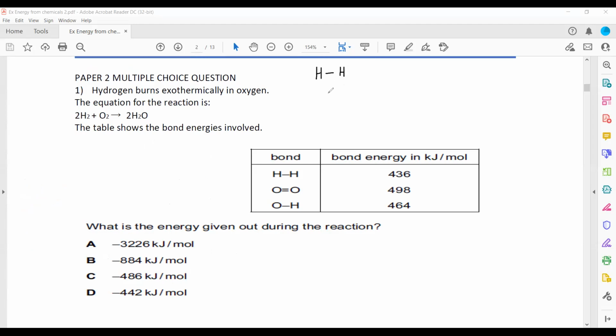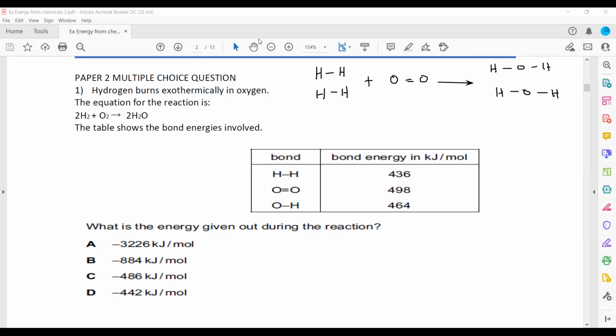So this is 1 molecule, then there is another molecule. Plus O2 means oxygen double bonded with oxygen. And then we have 2 water molecules. One water molecule has the structure HOH. Then the second molecule will also have the same structure, HOH.